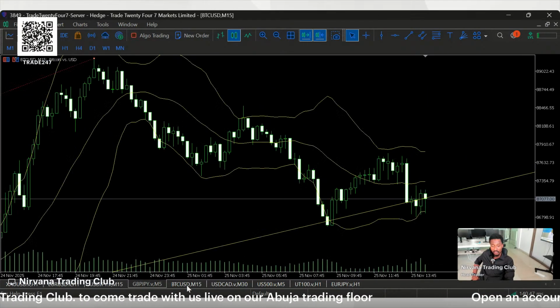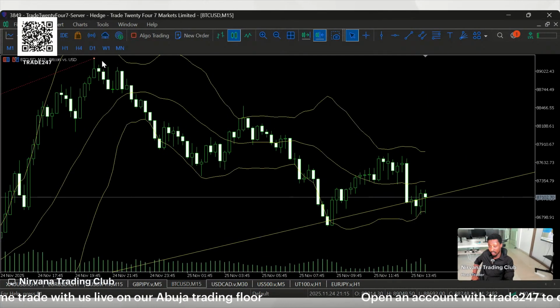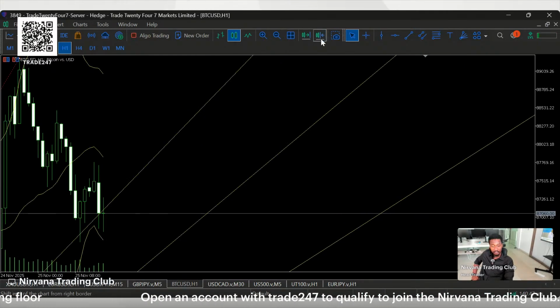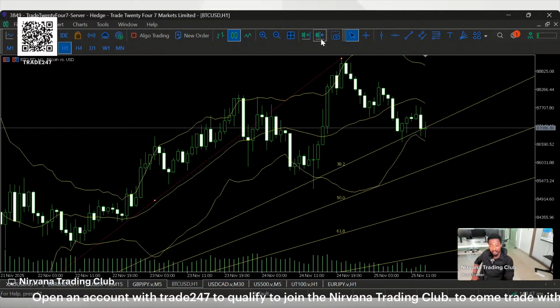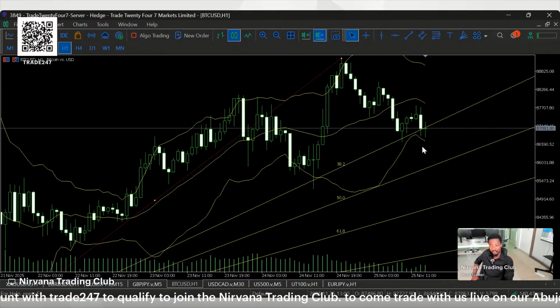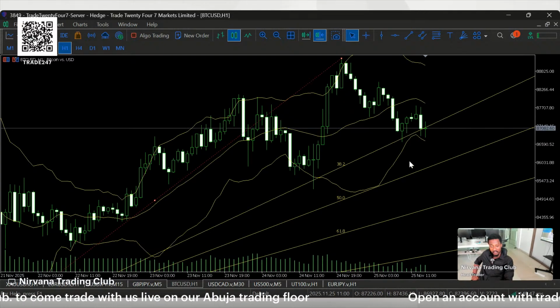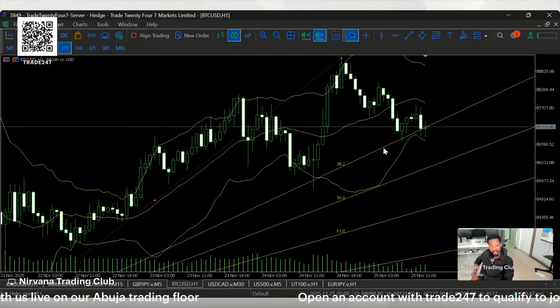BTC bullish setup, and it's giving a vibe for a buy continuation, a cycle completion here on the 1 hour time frame, coinciding with the Bollinger and 38.2% fib level.